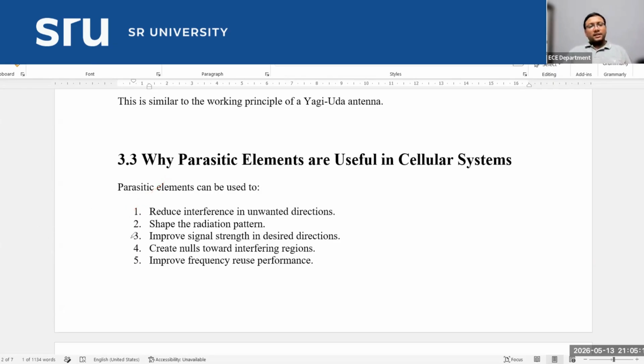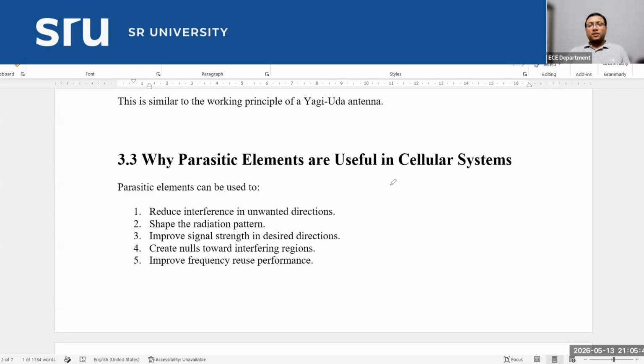They shape the radiation pattern, because without the parasitic elements, if I cannot change the radiation pattern to some specified direction, there will be interference. So it helps in shaping the radiation pattern. As it makes the radiation pattern directional, it improves the signal strength in that desired direction.